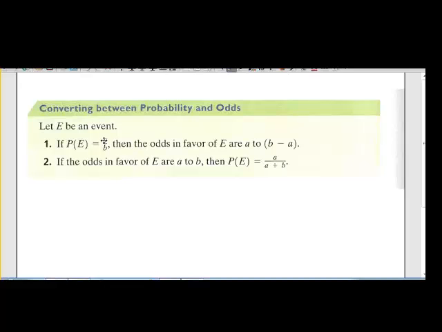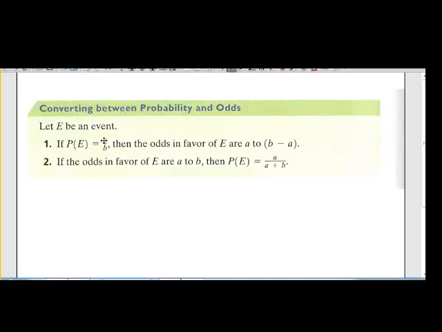But here, A is the number of favorable outcomes and B is the total number of outcomes. So if you know the fraction that represents the probability, to find the odds in favor of event A, all you have to do is say it's A to the denominator B minus the numerator A.